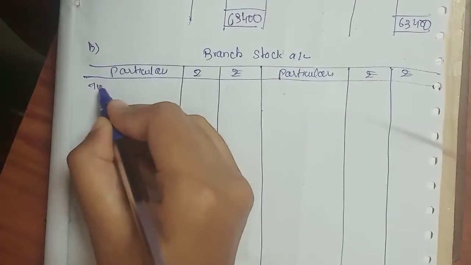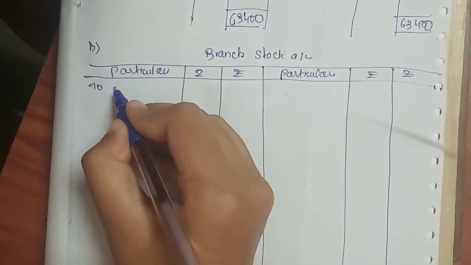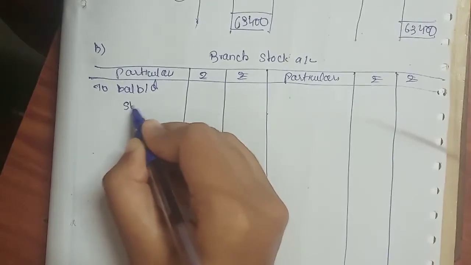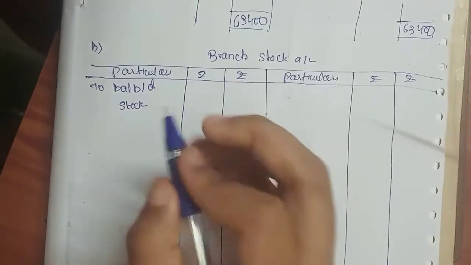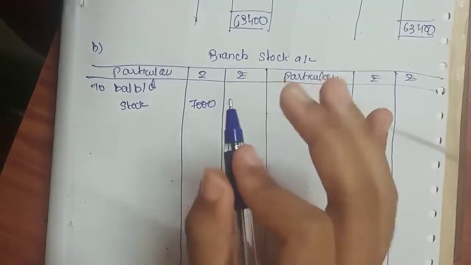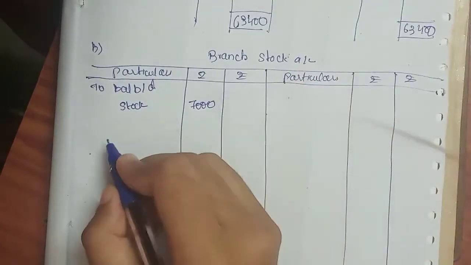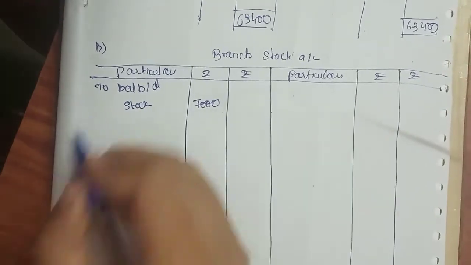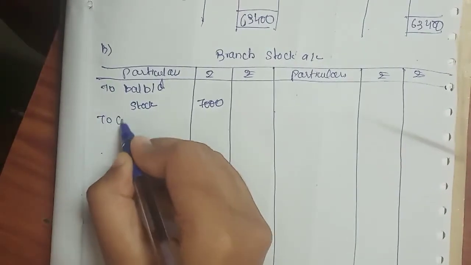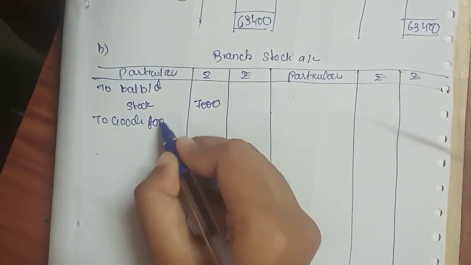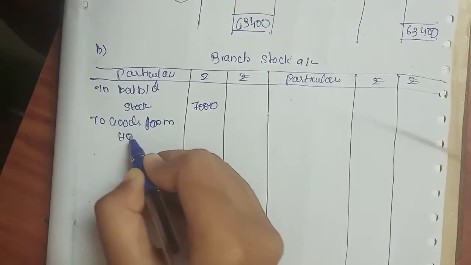So the first one is opening stock, to balance brought on. Here you need to write only stock. Regarding stock you had 7,000, so only that you need to write. Next, goods sent from head office is there.